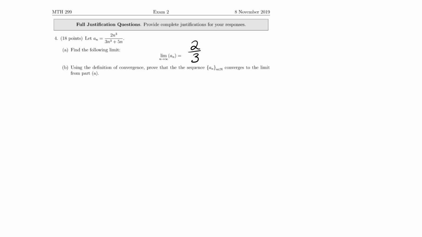Using the definition of convergence, prove that the sequence converges to the limit from part A. All right, fabulous. So let's first start by writing out the definition of convergence.